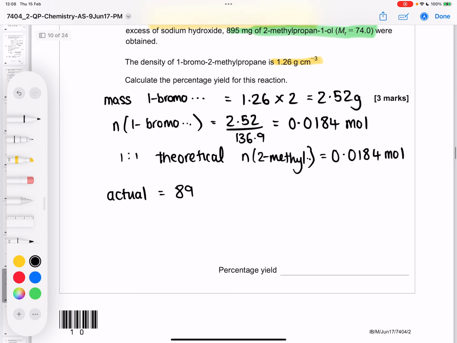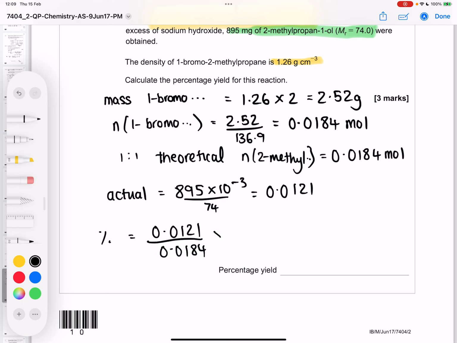So 895 milligrams into grams, divide by the MR on your calculator, and you get 0.0121. So percentage yield is the actual amount you really got divided by what you theoretically could have achieved in moles, times by 100%. If you put that onto your calculator, you'll get 65.7%, and that's our percentage yield.